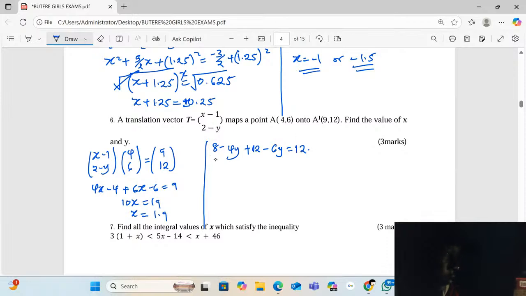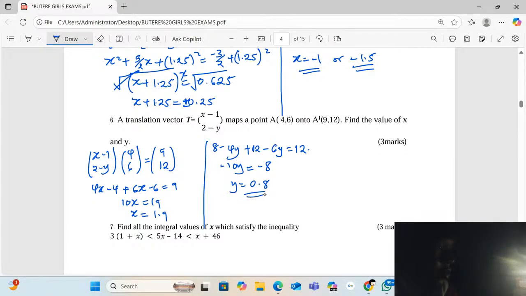So that we have our negative 10y to be equal to negative 8. So that our y becomes 0.8. So that is our value of y, and we have our value of x as 1.9. So we have the values of x and y, as you can see.